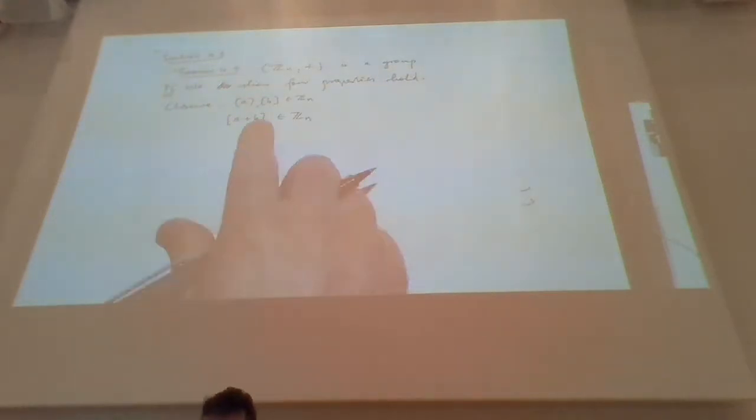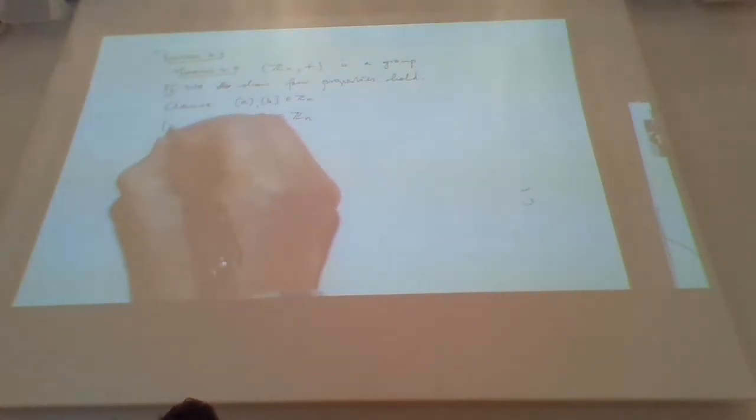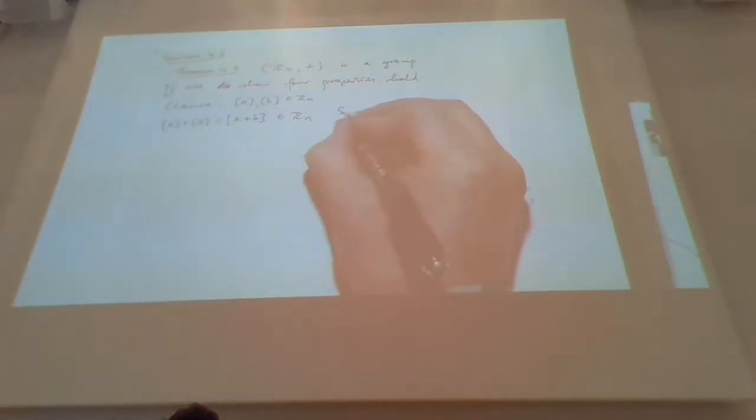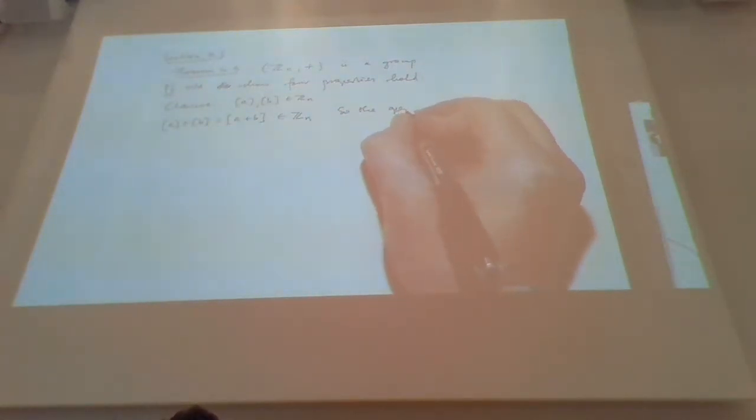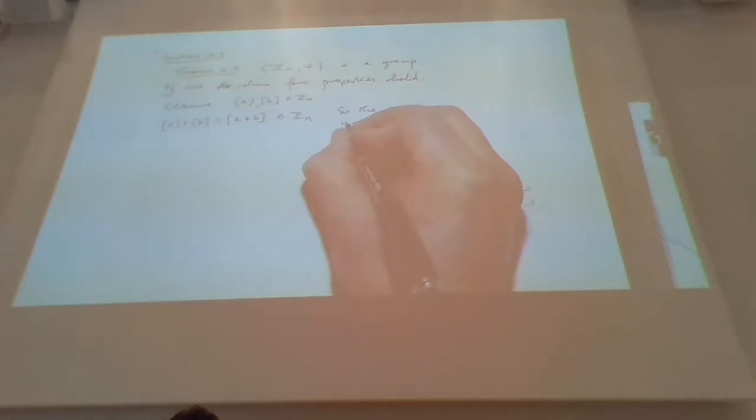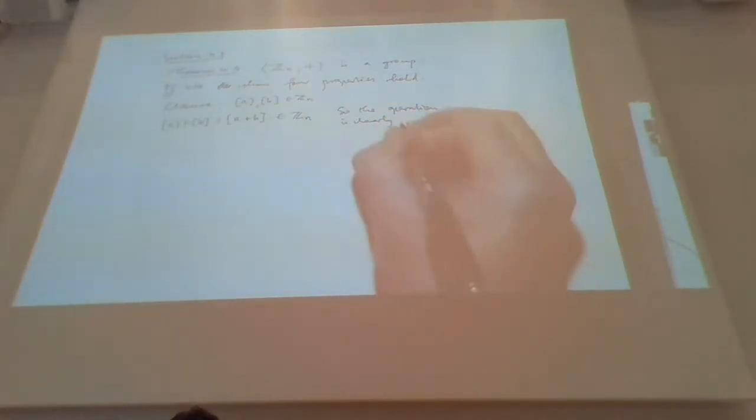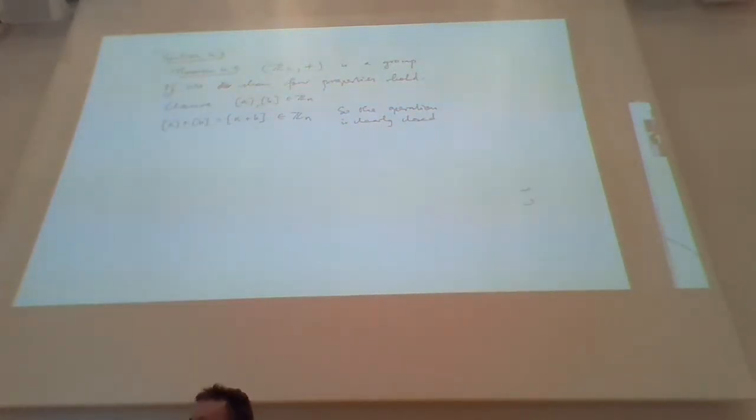We defined the sum of the congruence classes of A and B to be the congruence class of A plus B. So the operation is clearly closed. It just follows from the way we've defined it.